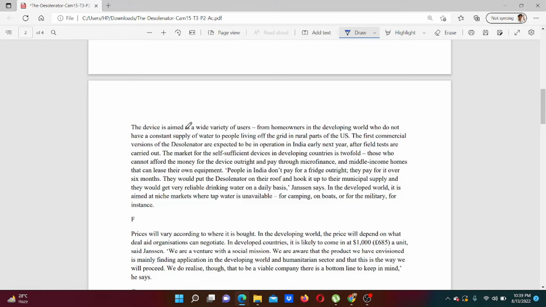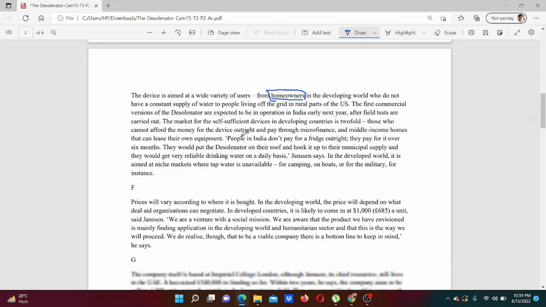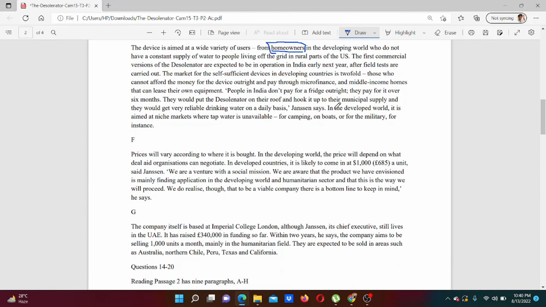The device is aimed at a wide variety of users, from homeowners in the developing world who do not have a constant supply of water, and so on. The first commercial versions of the desalinator are expected to be operational. Okay. The market is for self-sufficient people. So they are talking about which customers will be their clients and whom they are going to target.